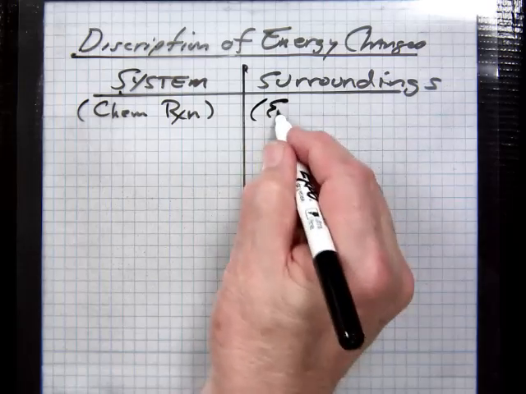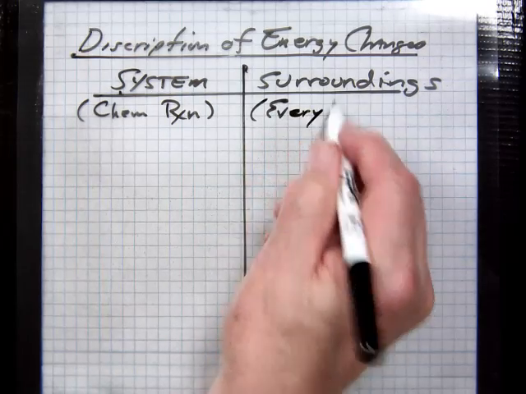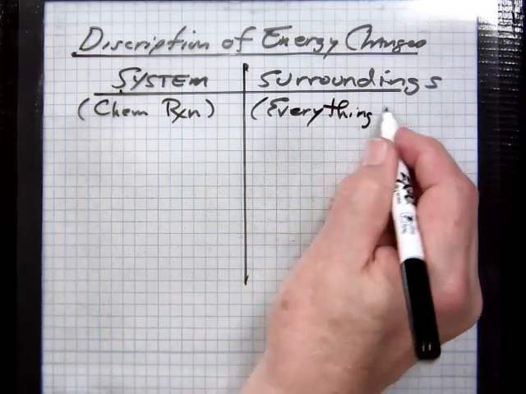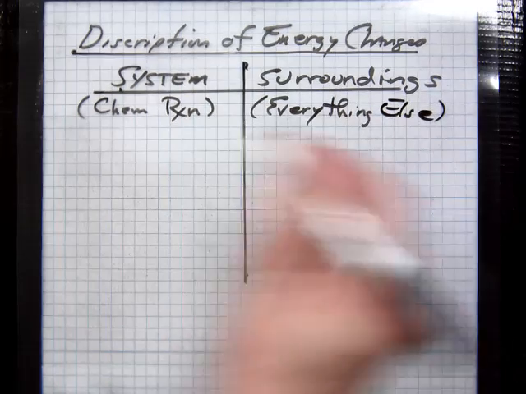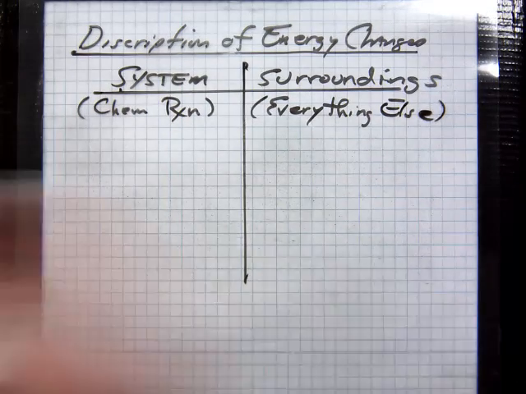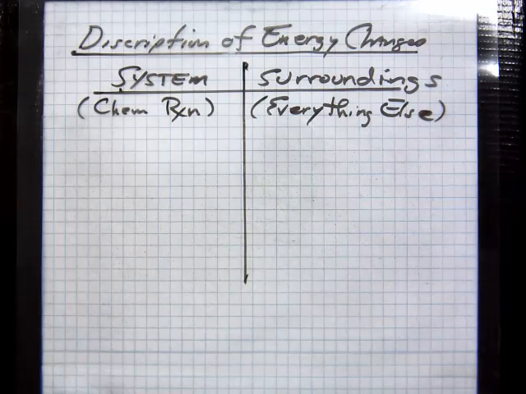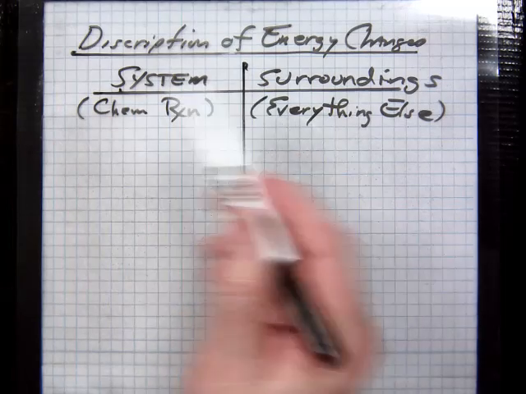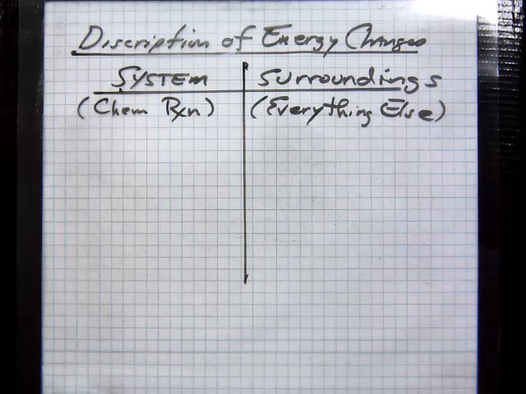And everything else is the surroundings side. So when we talk about energy changes, we're talking about heat flow. When we want to talk about the movement of energy or the change of energy, we have to define it in terms of heat flow.